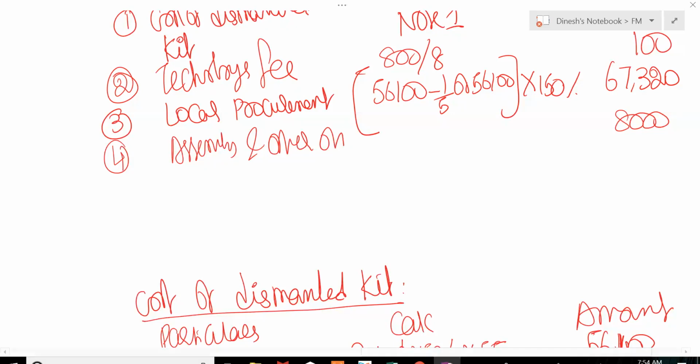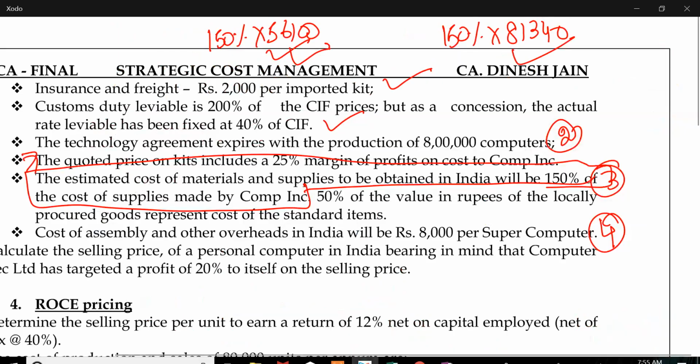Final item is royalty. Any doubts till now? Now I'll come to the royalty part. They have given some definition of royalty.